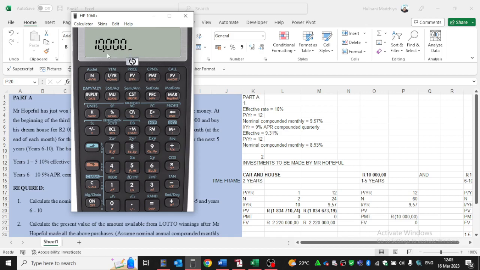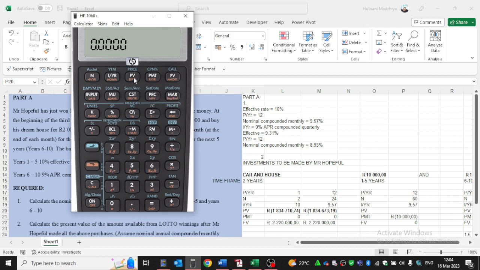It might show that it does not have that BEG returned here. So this is going to be an outflow. That's a PMT, then 0 future value. This is the function that I'm referring to, BEG, for beginning. Make sure that it's off, because this is an ordinary annuity payment being made at the end.